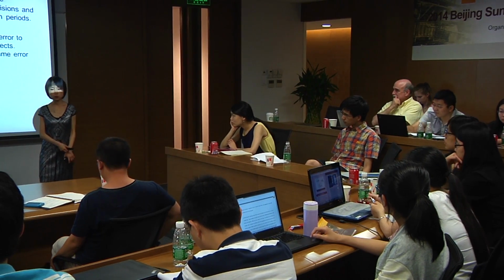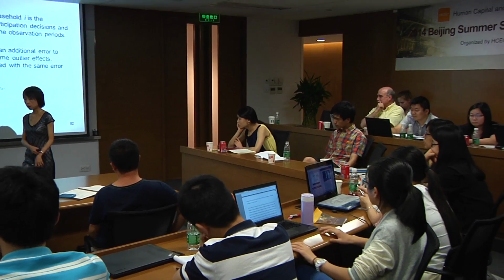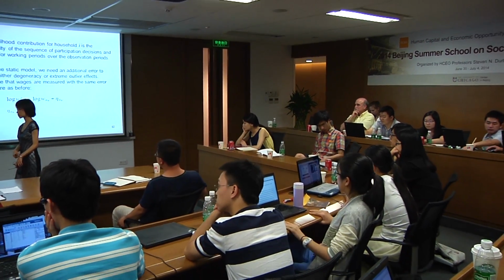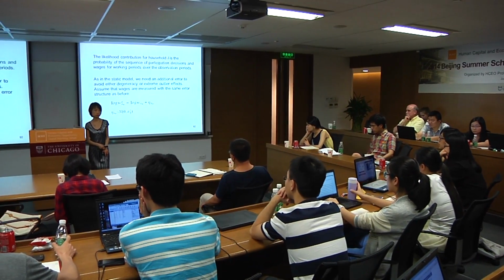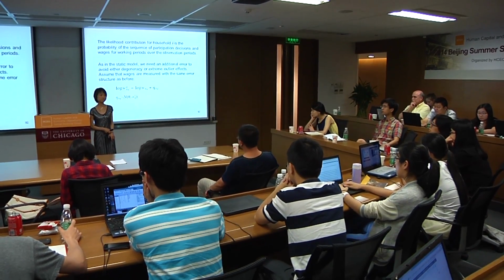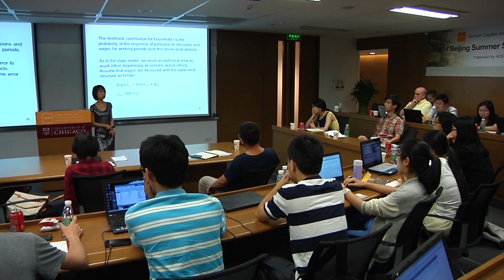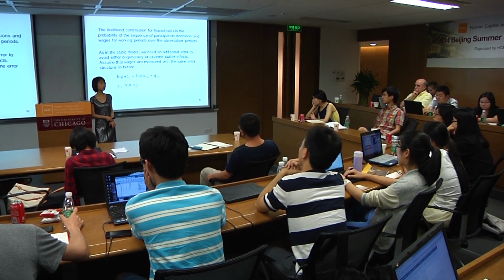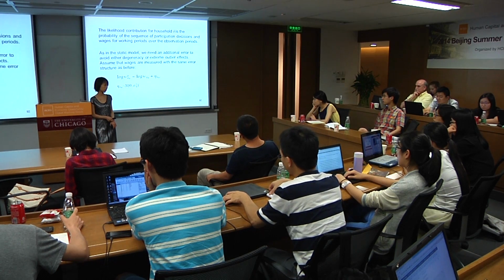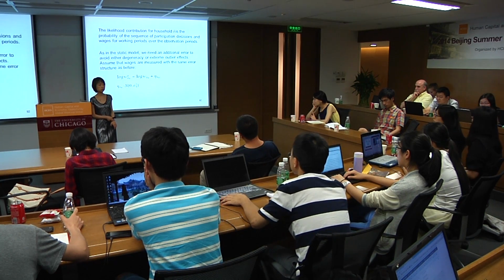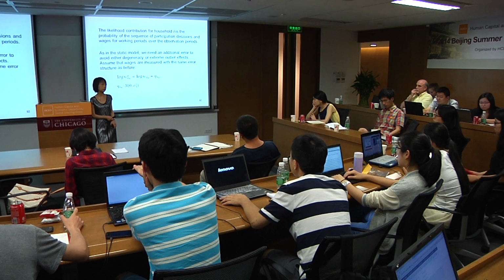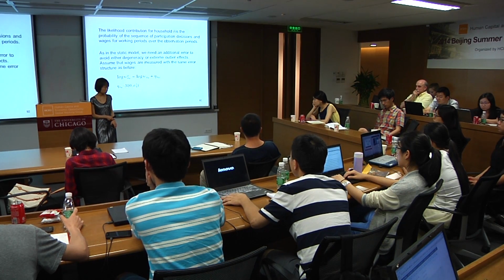If you really want to understand the dynamics of labor supply, for example, and you're interested in younger women's labor supply, then I think it will be very critical to jointly model the fertility and labor supply decision.